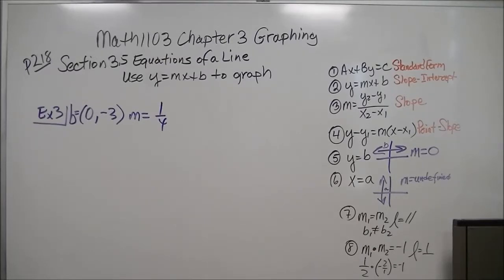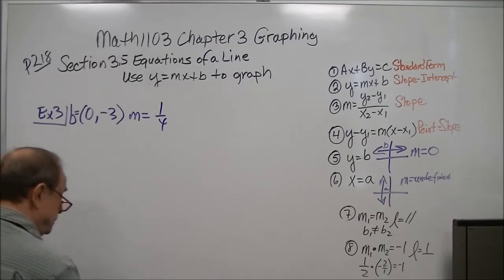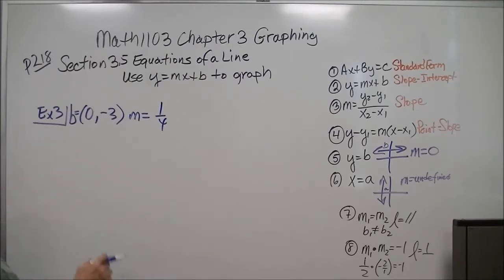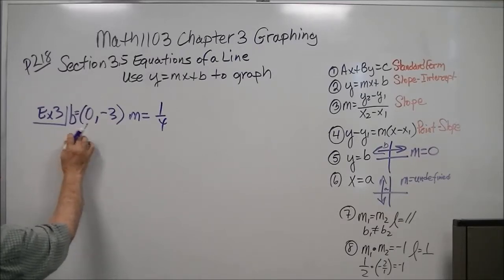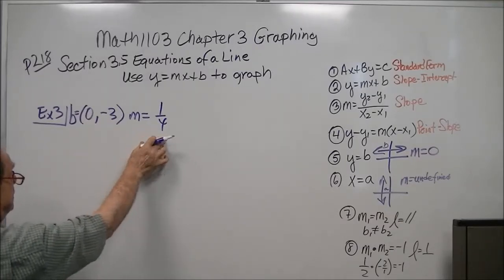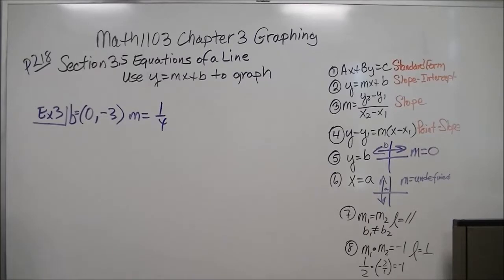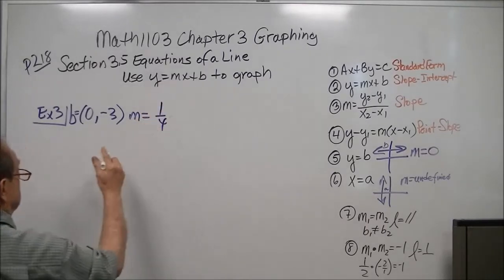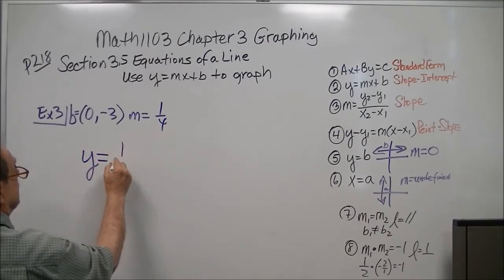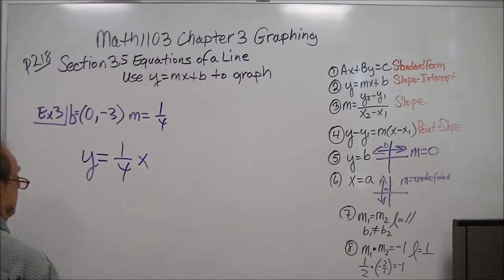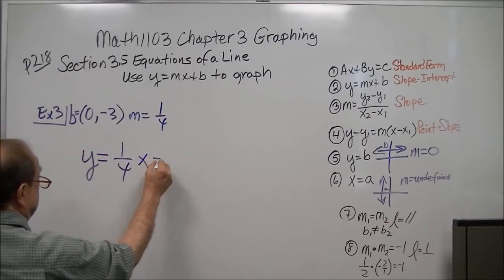Now you'll get an example like this every once in a while, where they will ask you, if they give you the y-intercept, b equals this, and they give you the slope, to write the equation. Well, you're going to use this form. Y equals, what's the slope? 1/4, you have to put in the x, and your y-intercept is -3.